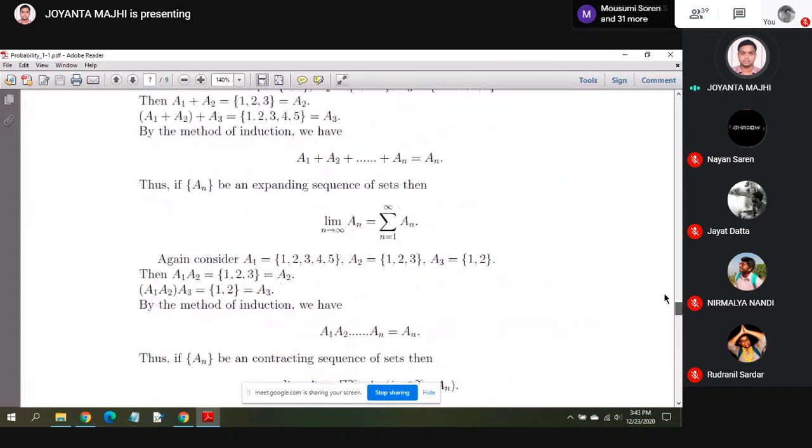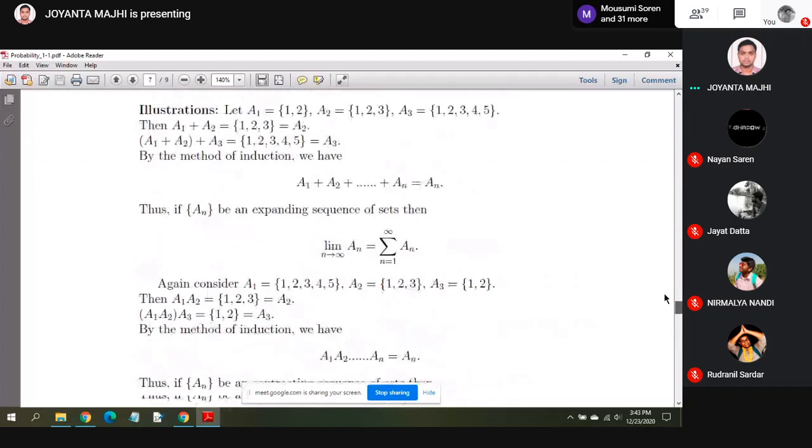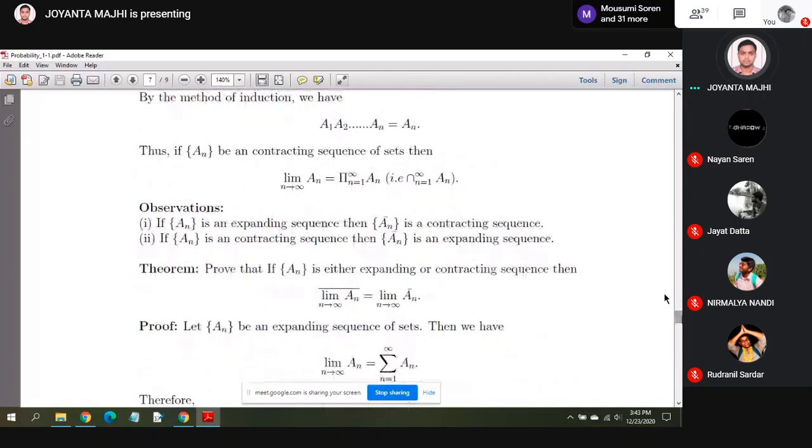Therefore, this theorem proved that if a_n is either an expanding sequence or a contracting sequence, then the complement of the limit of a_n is equal to the limit of a_n complement.